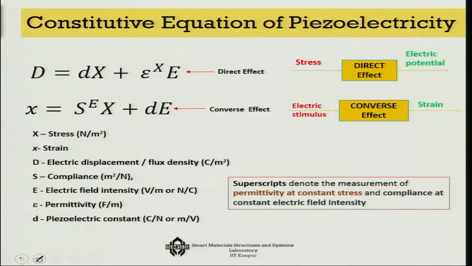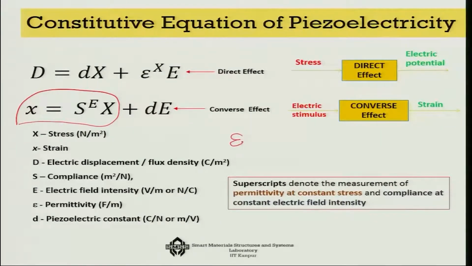So let us look into now the stress-strain relationship, or in other words the constitutive equation of piezoelectricity. The stress-strain relationship that you have here, you may not be able to readily identify it because we have changed the symbols and we have made it compatible with the IEEE way of writing these symbols. However, if I just tell you that the first part of the second equation, x is strain, so you know that you generally show it as epsilon.